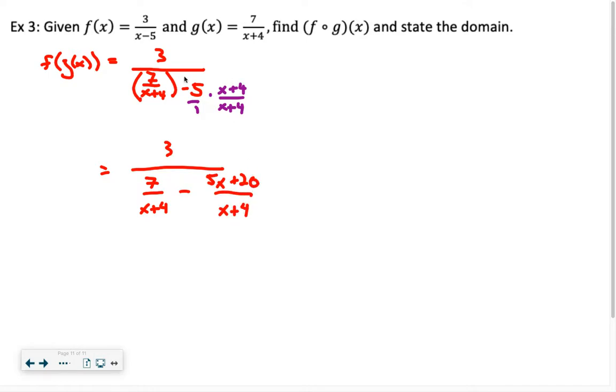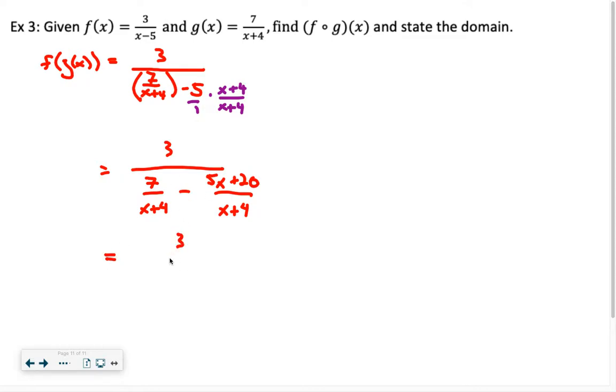Now, be careful here, okay? I left my subtraction sign out here, so then I was really just taking 5 times x and 5 times 4. You could have taken negative 5 times x and negative 5 times 4, but then this would become an addition sign, right? So whichever way works best for you.